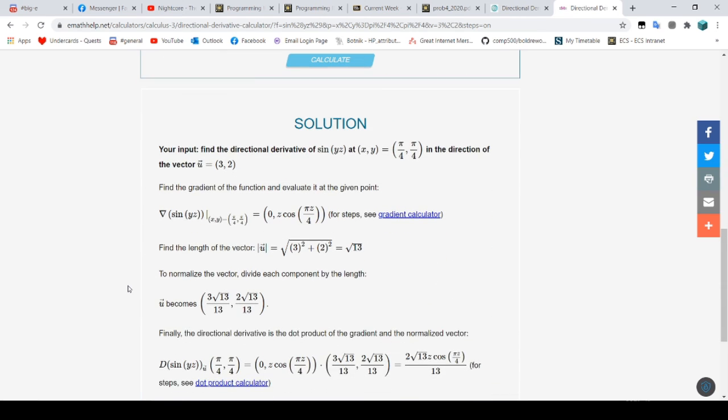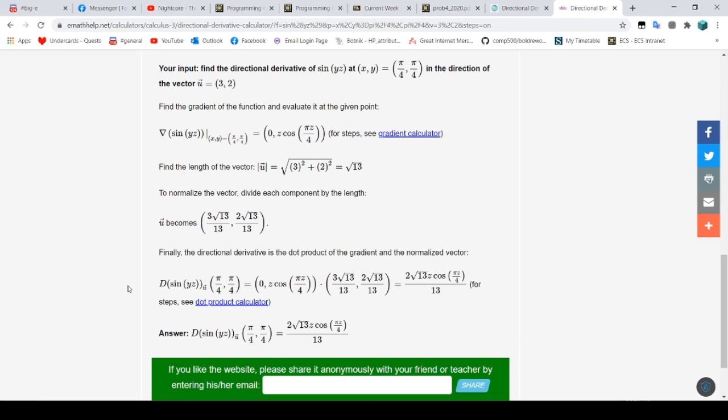Let's see what it does then. The length of the vector u. U becomes... See, this is what I was doing. That's written on my calculator that's on the screen right now. Then this, yeah, see exactly.